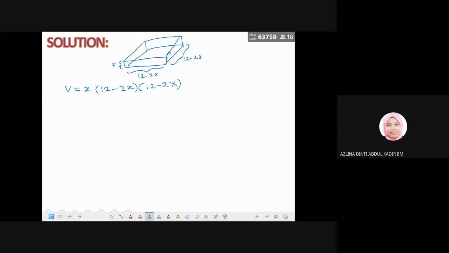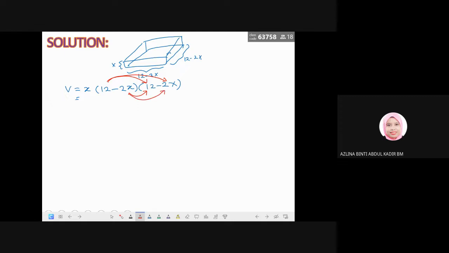Then you expand, one by one. So expand: 12 times 12 is 144, times X. 12 times 2X, negative 24X times X. Negative 2X times 12, negative 2X times negative 2X.